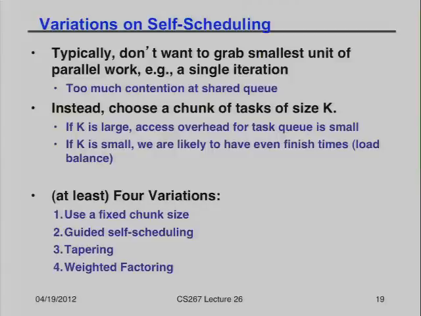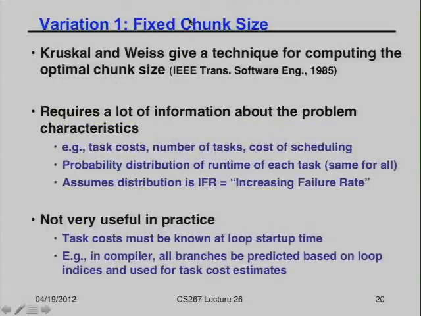The simplest thing you could do is have a fixed chunk size. If you know enough information about the statistics of all the task sizes, then these two folks, Kruskal and Weiss, gave a closed form formula for the optimal size k number of tasks to give to everybody who comes asking. So what did they assume?